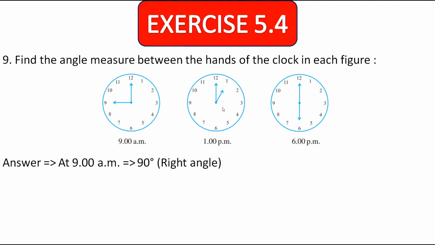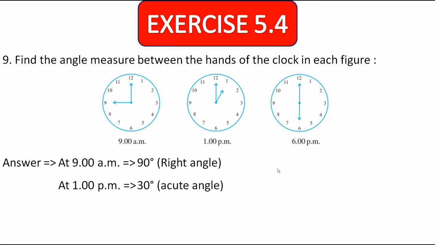For that what you have to do, see here there are 3 gaps, right? 3 gaps and it is measuring 90 degree. So for 3 gaps it is measuring 90, then for 1 gap it should measure 30 degree, because 30 plus 30 plus 30 gives you 90 degree, right? Therefore 1 p.m. is equal to 30 degree.